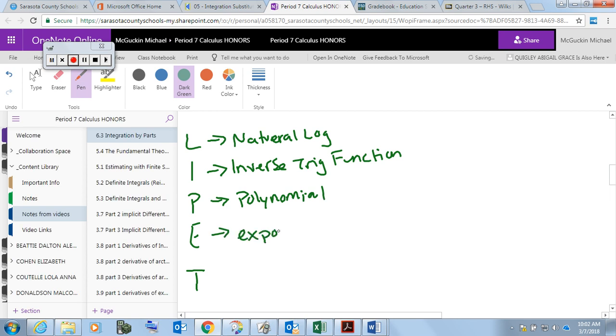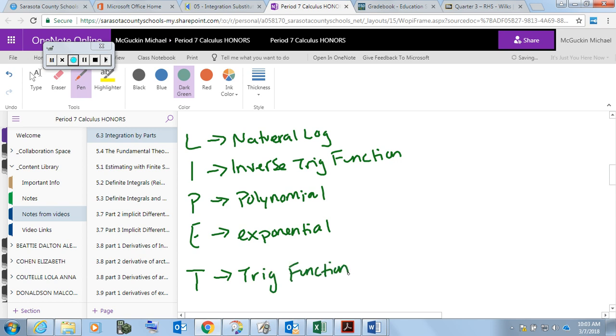You're going to look for an exponential to use as your U. Remember, this is how to determine which one is going to be U. Let's finish off T, and then we'll go into the last example that we just did. And then our last thing that we are looking for is T, for trig function.